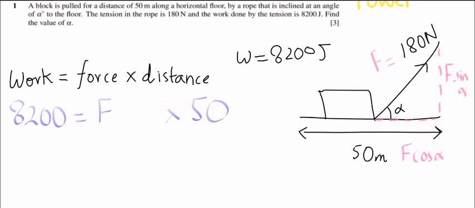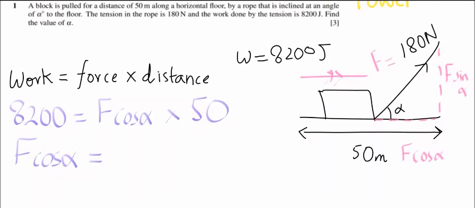Since our block is moving forward, we're going to take the horizontal component, not the vertical one. That's going to be F cos alpha.